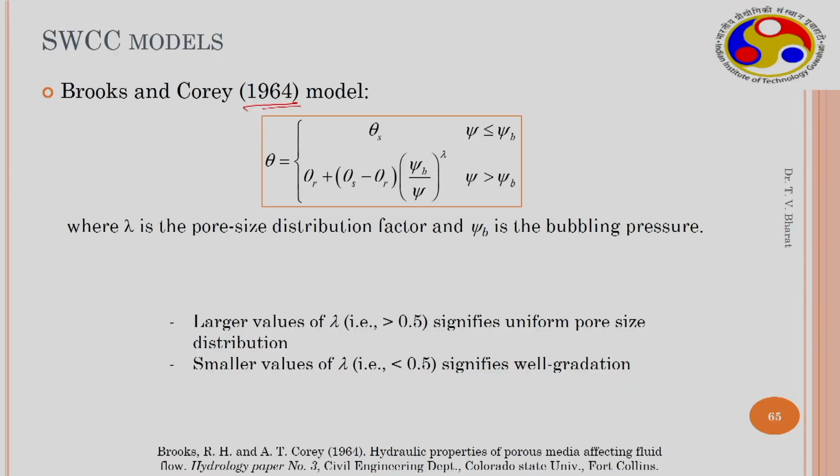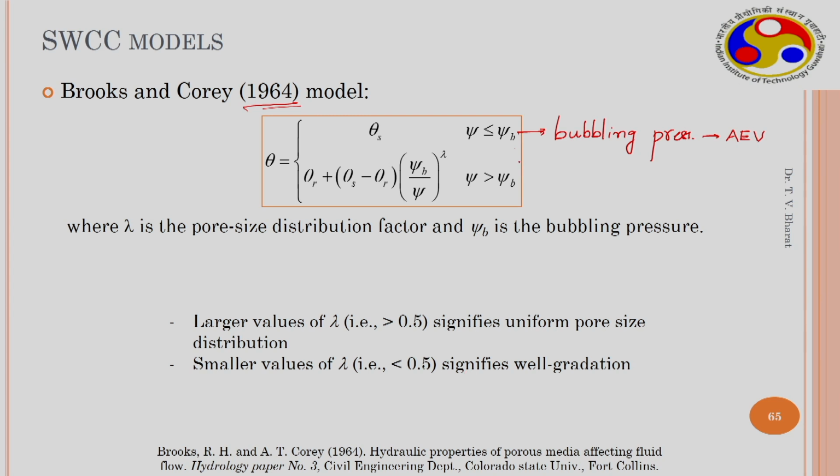We have several SWCC models available in the literature of unsaturated soil mechanics, such as the Brooks-Corey model, which was proposed in 1964. So theta is equal to theta s when psi is less than or equal to psi b. Psi b is the bubbling pressure, which is nothing but the air entry value, the air entry suction.